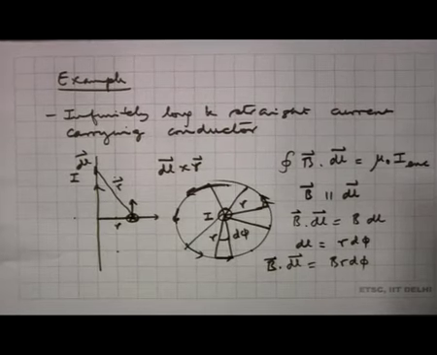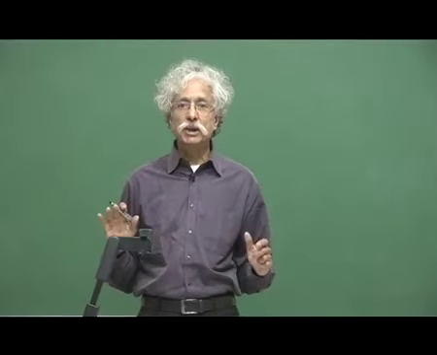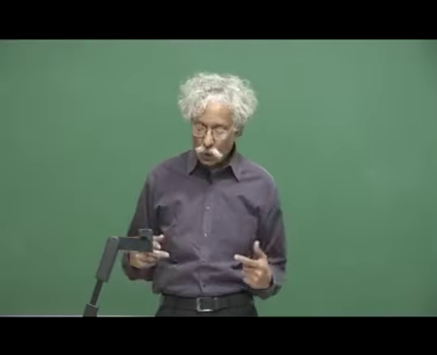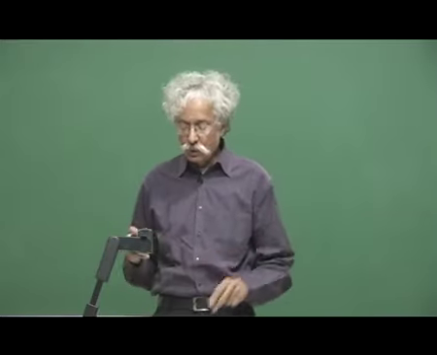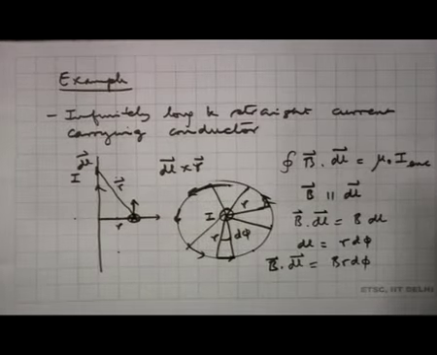So, Ampere's law, although please remember I have obtained Ampere's law by deriving the magnetic field due to an infinitely long current carrying conductor. Ampere's law is a very general law, it is valid for all situations, and I am again using it to calculate the field due to an infinitely long current carrying conductor.